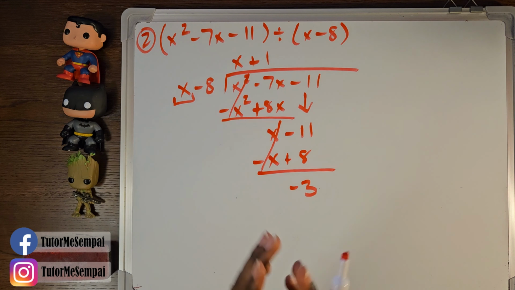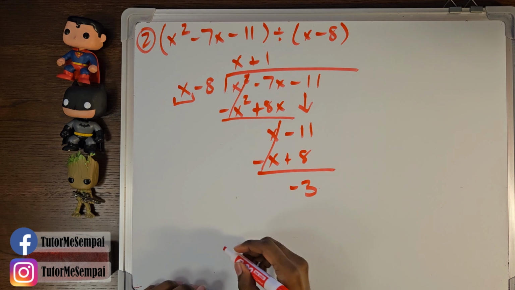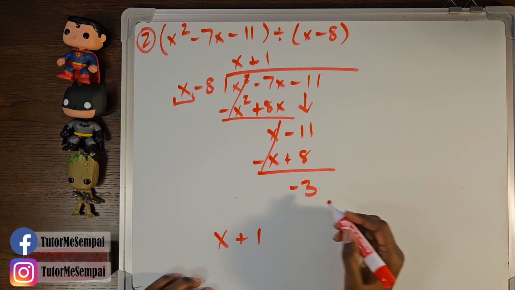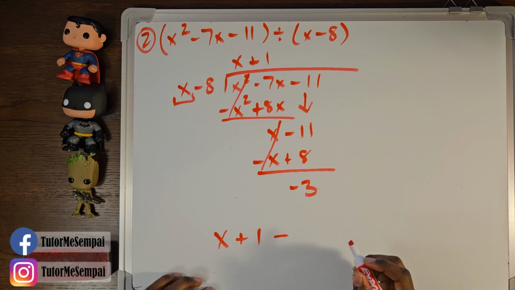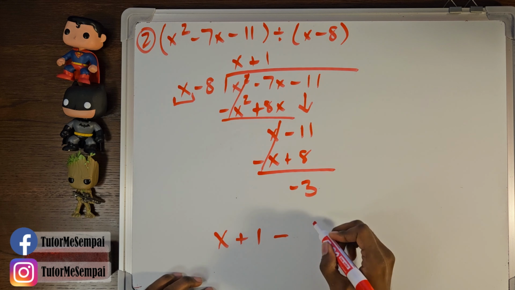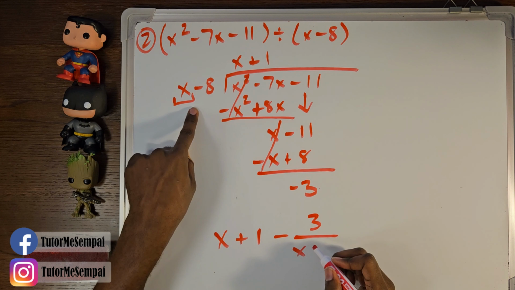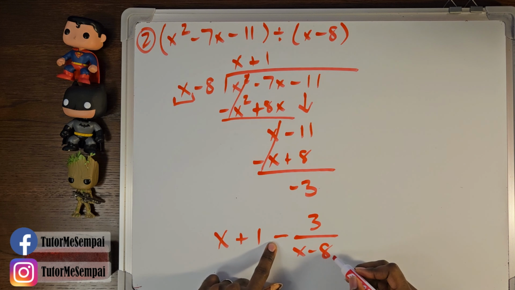The rest of it is a remainder, and you will write it like this. So your answer is going to be x plus 1, and then you're going to either add or subtract, whatever that sign is, in this case subtract, that remainder value over the divisor. So it becomes x plus 1 minus 3 over x minus 8.